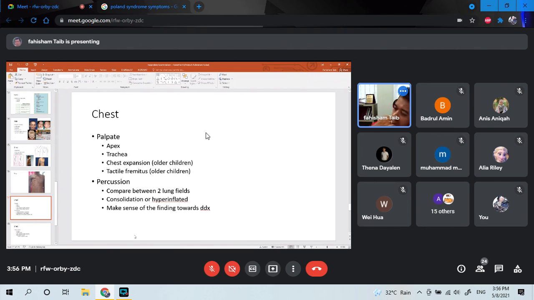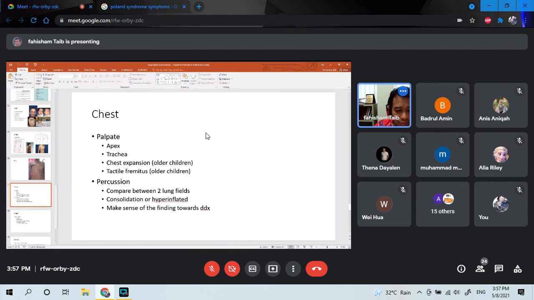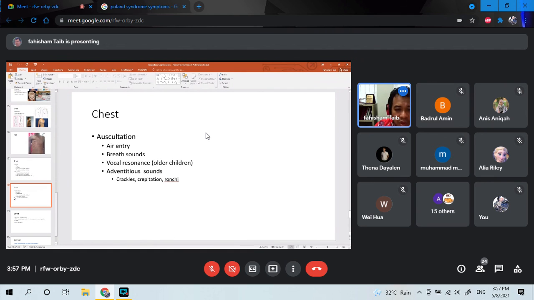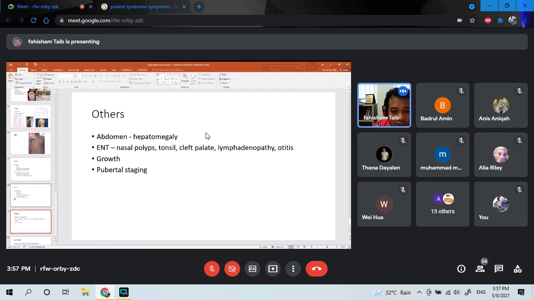You cannot just say, okay, percussion is hyperresonant, the underlying problem is pneumonia. That's not right, because percussion in pneumonia should be dull rather than hyperresonant. Okay. Auscultation as well, I don't think there's an issue. You can test on it.